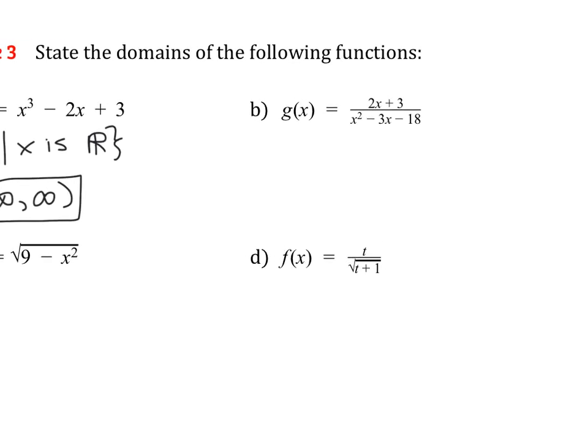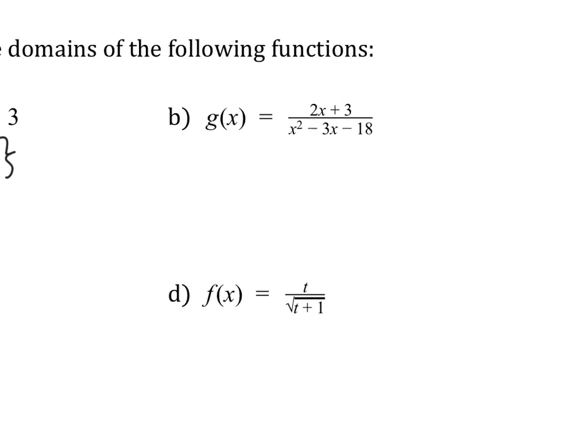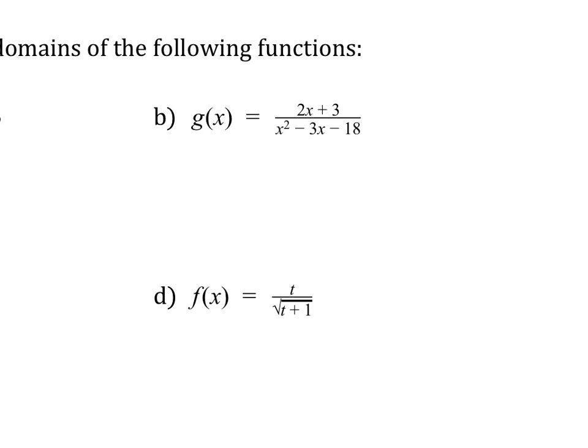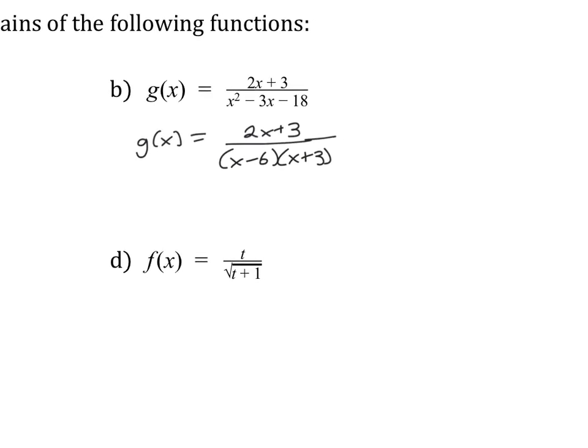Okay, so let's look at this second one. Remember, if you have a rational expression like this, we do need to watch out for our domain restriction. First I'm going to start by factoring my function. So I have x minus 6 times x plus 3. Our denominator cannot equal 0, so that means we have two restrictions.